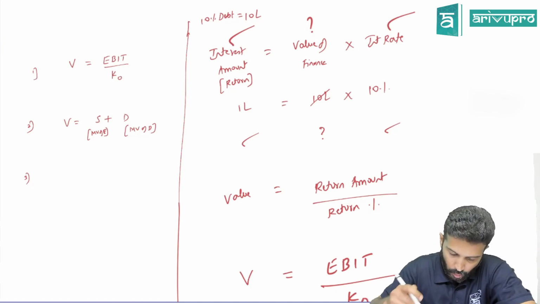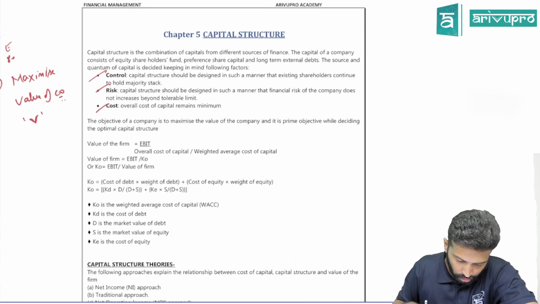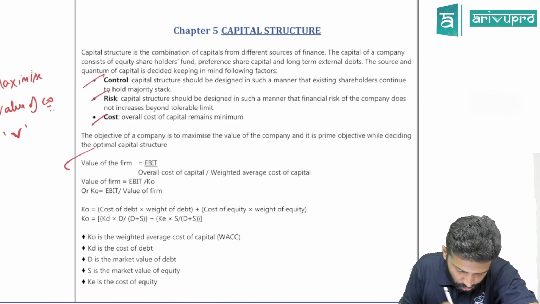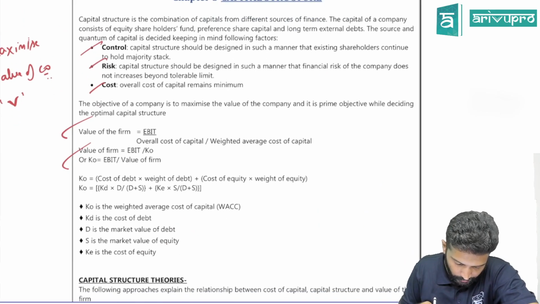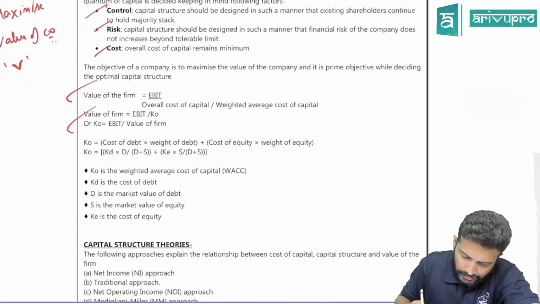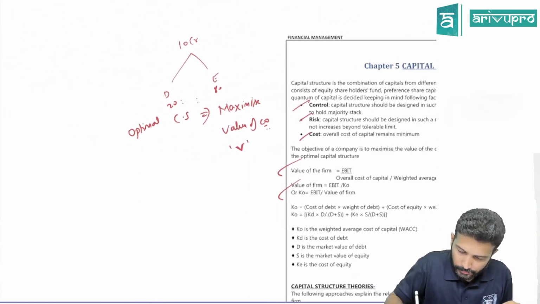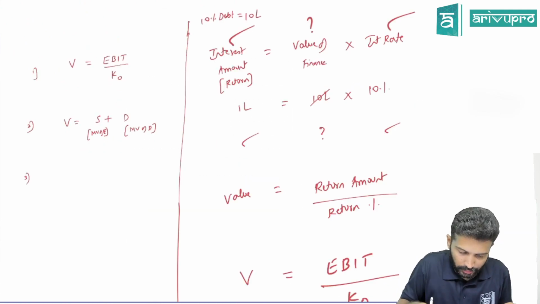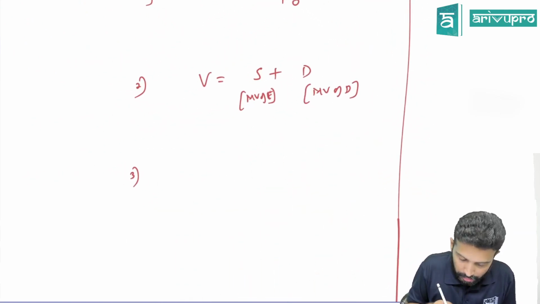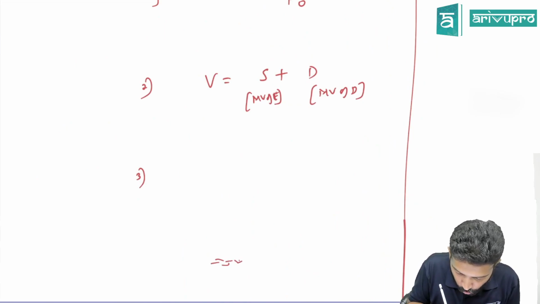Okay, so this is done. These two are done. Maybe I'll also explain this. Another formula you need to remember is, I'll write a fancy one. Let's see who gets it.